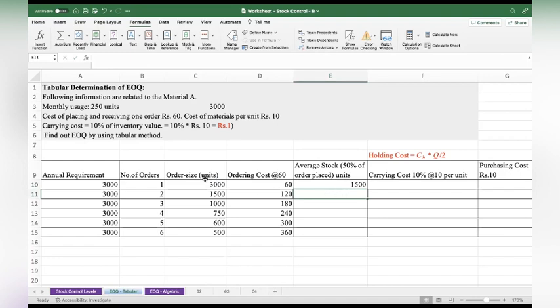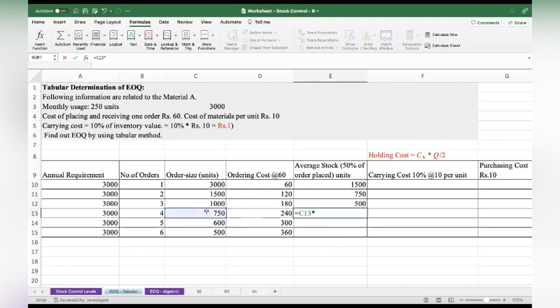Then again, in our second scenario, we have 1500 per order. 50% of this, 750. Again, we have 1000 units. 50% of this, 500 units.